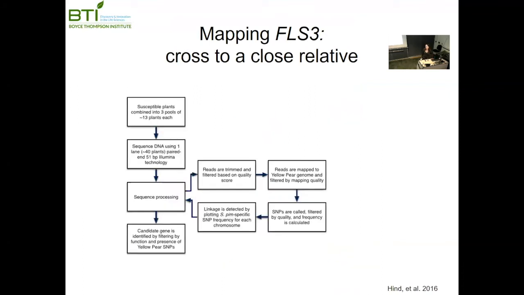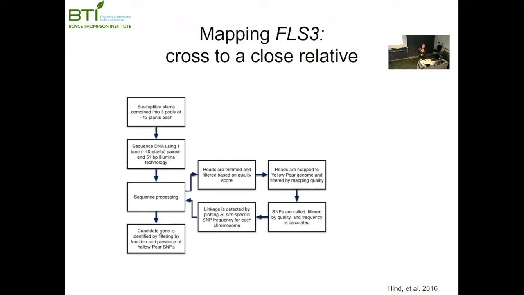This was an overview of the pipeline that we used to identify the gene. So the first thing was to take those susceptible plants. Sarah put them into batches of 13 plants in 3 pools. Those were then sequenced on 1 lane of Illumina, and mapped onto the yellow pear genome. From our previous work in the Galapagos project, we already had the yellow pear genome.